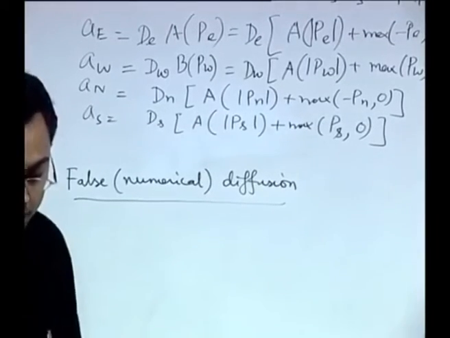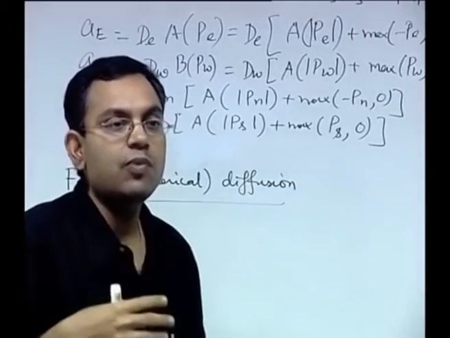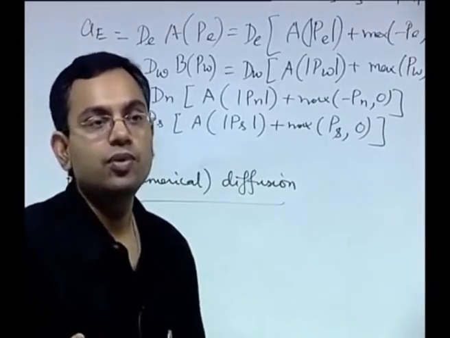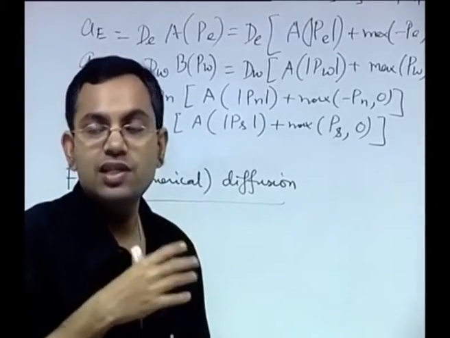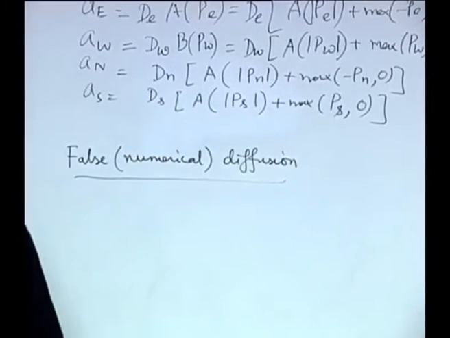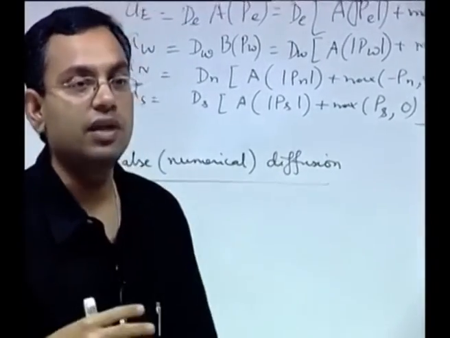So for the first time when people faced a contradiction, when the upwind scheme was thought of as a remedy to some of the problems which the central difference scheme used to give. So traditionally the finite difference community was happy with the central difference scheme.